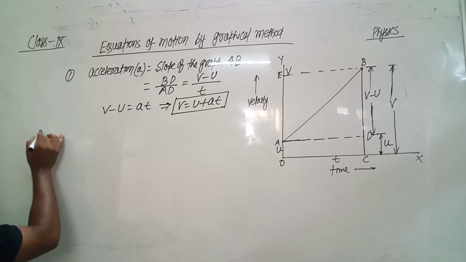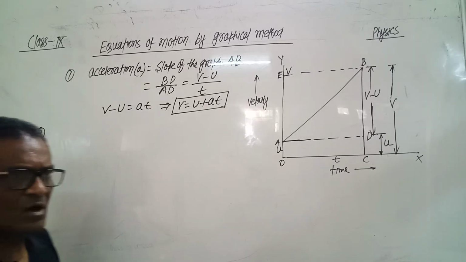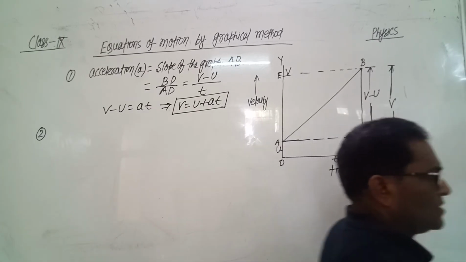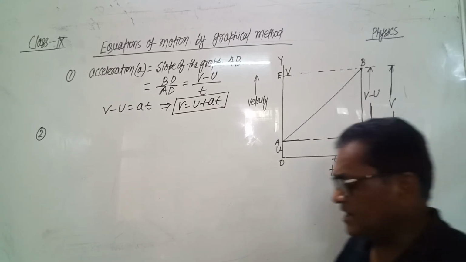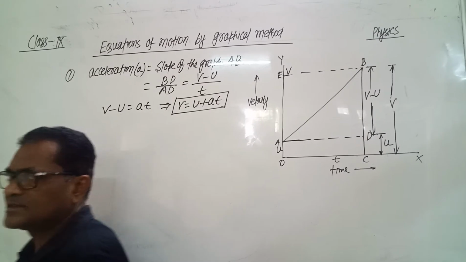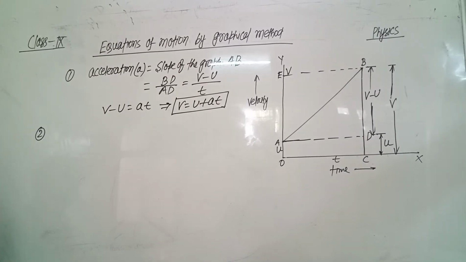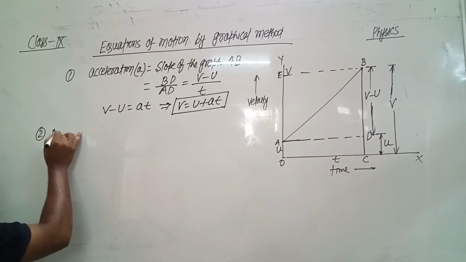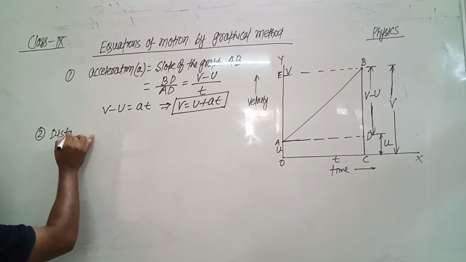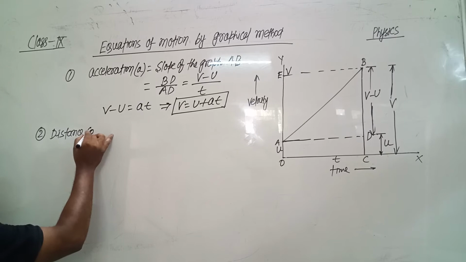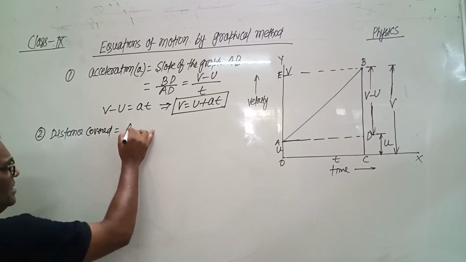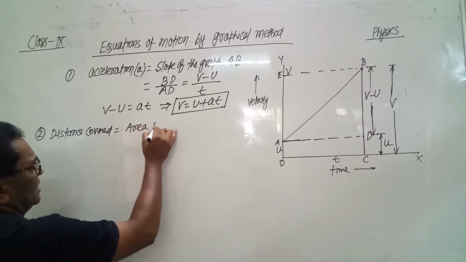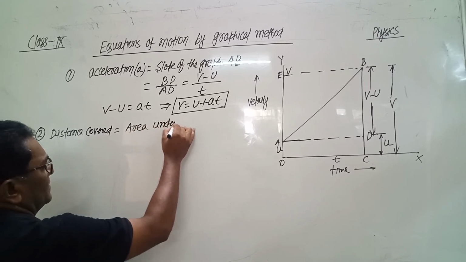Now for the second equation of motion. Derivation of the second equation of motion, s equals ut plus half at square, by graphical method. In a velocity-time graph, distance covered equals the area under the graph.